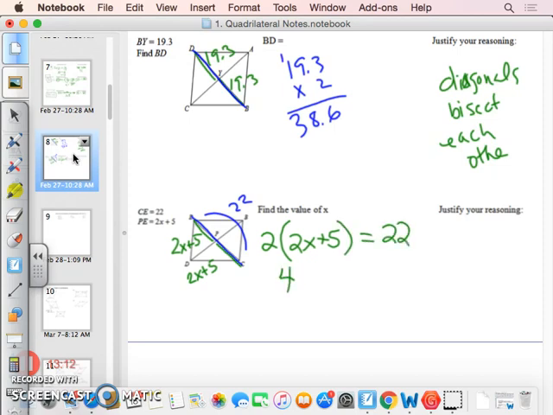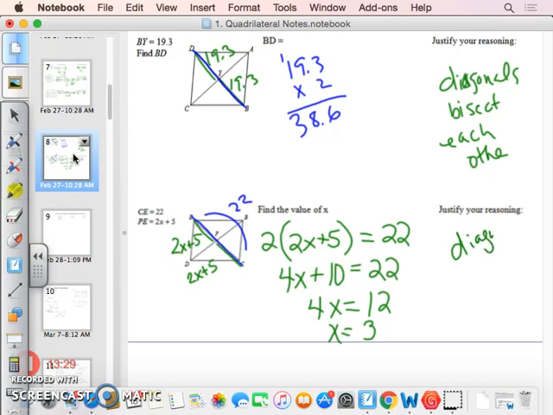So it's going to be 4x plus 10 equals 22. 4x equals 12. So x equals 3. And my justification for this is that diagonals bisect each other. And bisect again means to cut in half.